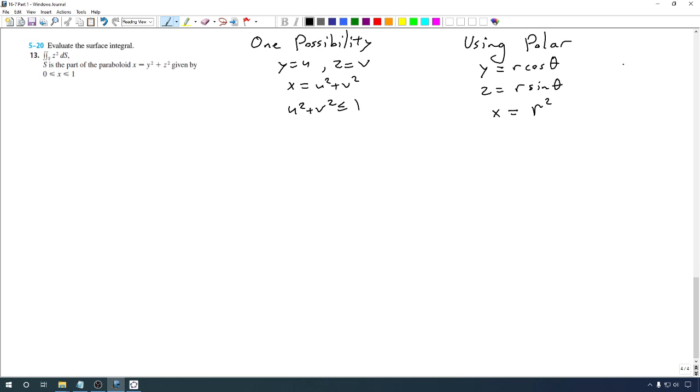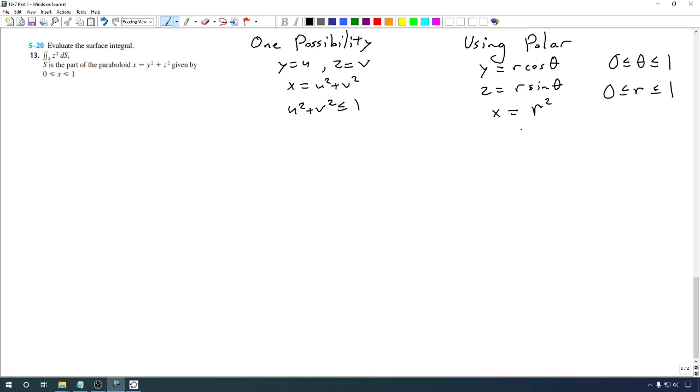And of course, in this case, we are allowed to have theta go from 0 to 1. And since x is equal to r squared, and x is going from 0 to 1, that just means that r is going to go from 0 to 1. I'm going to go ahead and use this, though both of them will actually work out, and you'll end up with the same integral at the end. So it doesn't actually save us any space or any effort to do one over the other.